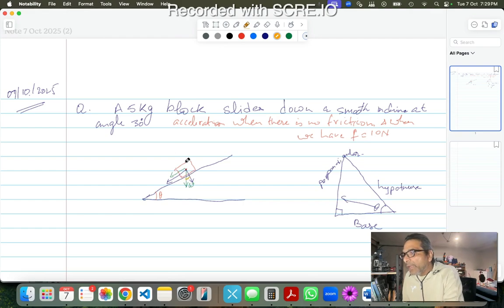Okay. And to compensate this component, we have a normal force, which is opposite and equal because there is no movement upward. The block is not moving away from the inclination, so the normal force needs to be equal and opposite to the component which is perpendicular to the inclination.